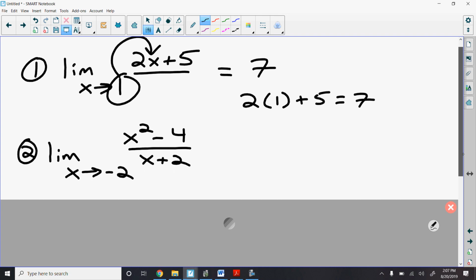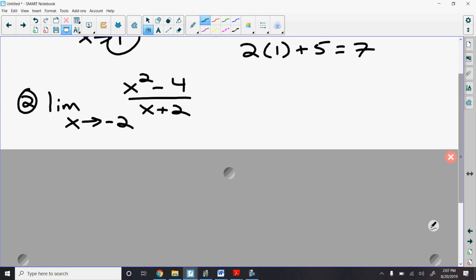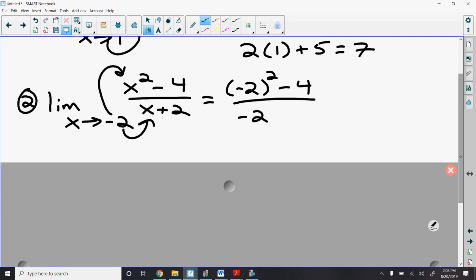Example number 2 says I want the limit as x goes to -2 of x squared minus 4 over x plus 2. A little bit of a rational function here, a little more complex, but let's try plugging it in and see what happens. If I take this -2 and plug it in for my x's, that's -2 squared minus 4 over -2 plus 2. -2 squared is 4, and 4 minus 4 is 0.